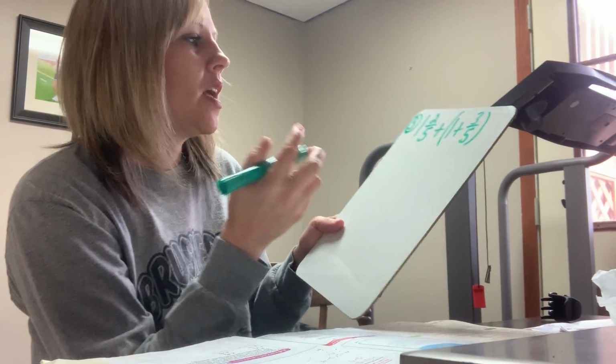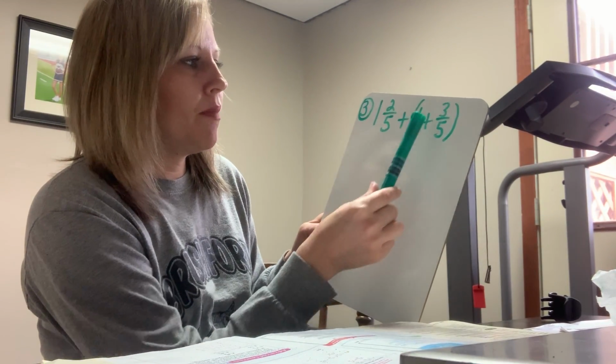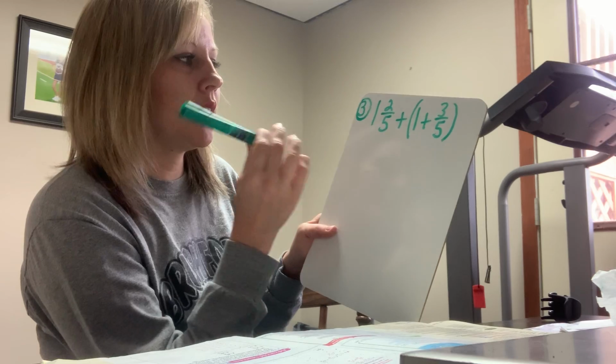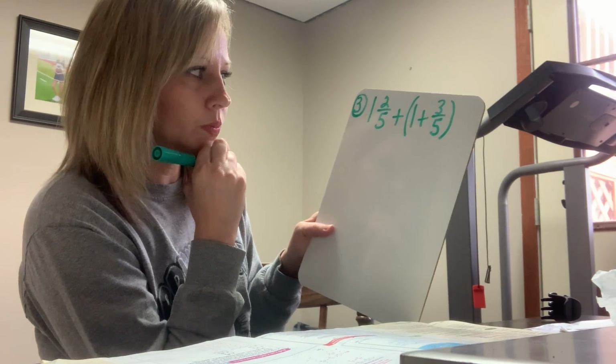All right, number 3. 1 2/5 plus 1 whole plus 3/5. Again, I'm going to regroup these, okay? And I'm going to regroup them because the 3/5 plus 2/5 is going to give me a whole, okay?